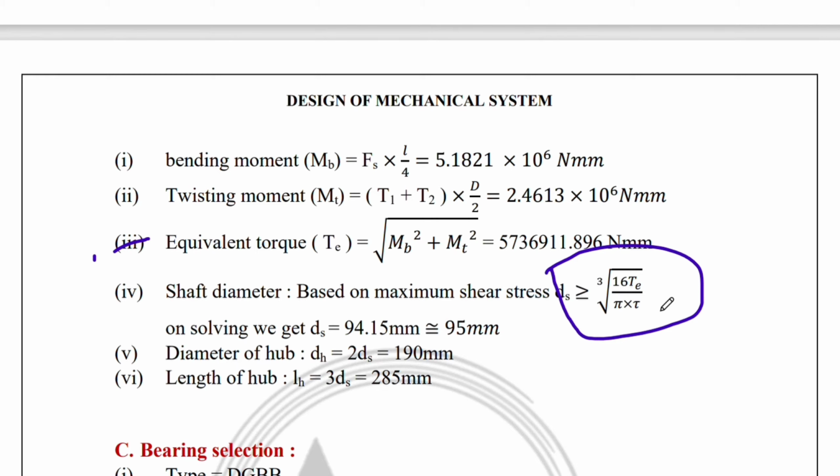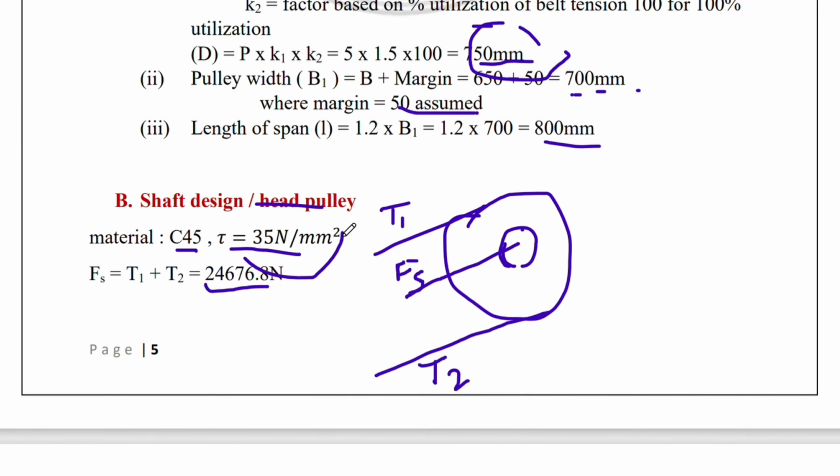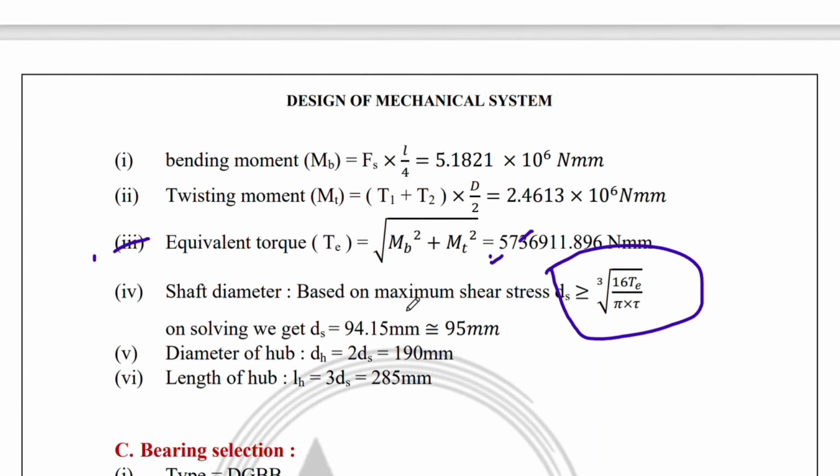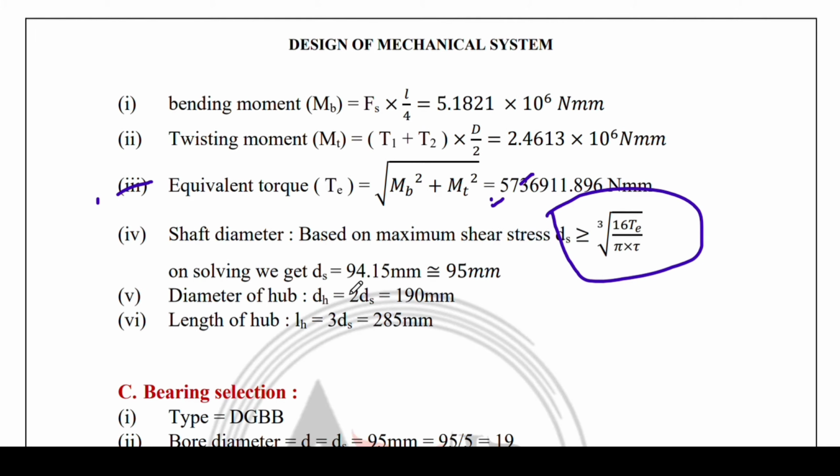Te is the equivalent torque which we got here, pi, and the tau value here is 35 Newton per mm square. Put all the values, and you get the shaft diameter as 94.15 mm, which will be taken as 95 mm. Now you have the value of the diameter of the shaft.